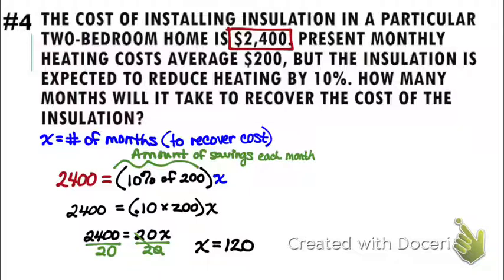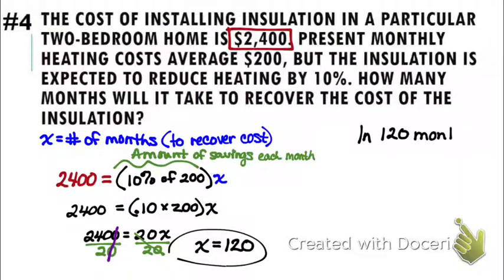Looking at my fraction, my zeros are going to cancel, right? That's dividing them both by 10. I reduce it by 10. Then I'm doing 240 divided by 2, which I can do in my head. So what's my answer then? Yes. In 120 months, how long is 120 months? 10 years to recover the cost.